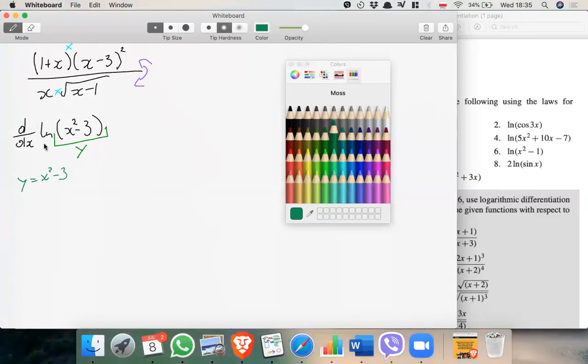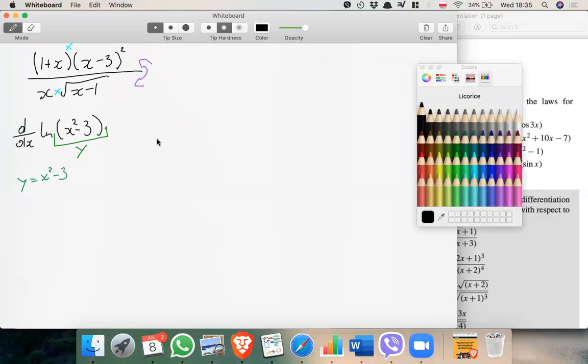If I take a derivative of this expression, by the chain rule I take a derivative of what's in the log, which would be 2x, and multiply it by the derivative of the natural log, which is 1 over whatever is in the logarithm. So that turns into 2x over x squared minus 3.